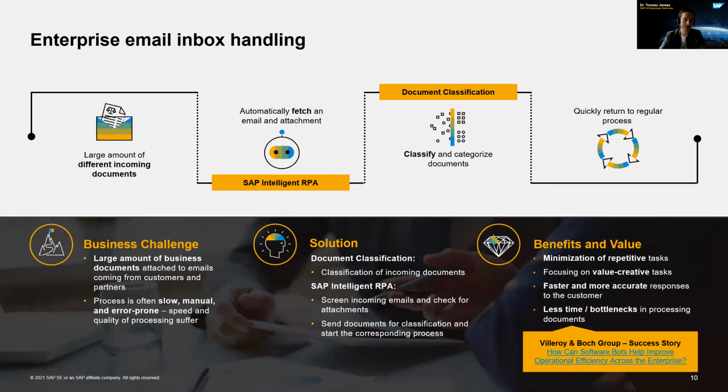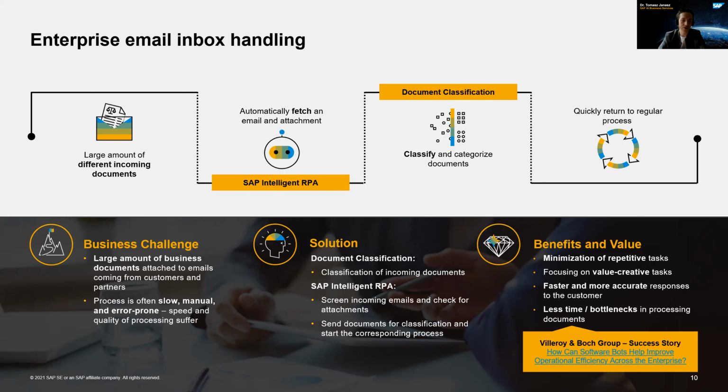And after this pre-processing step, the bot can finally initiate the subsequent correct business process. The benefits of applying AI in this process is much faster identification of critical files within large volumes of documents, which leads finally to the reduction of repetitive tasks and much faster responses to customers.